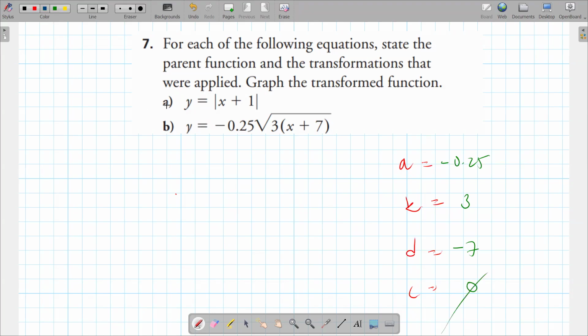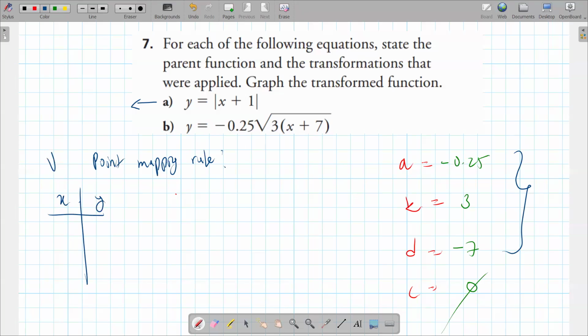If you have a question like A where you only have one transformation, you can do it by hand. But if you have multiple transformations, you're going to have to make multiple sketches precisely. A better approach when there are multiple things happening is the point mapping rule, which says x, y on the parent function, square root: 0, 0, 1, 1, 4, 2, 9, 3.